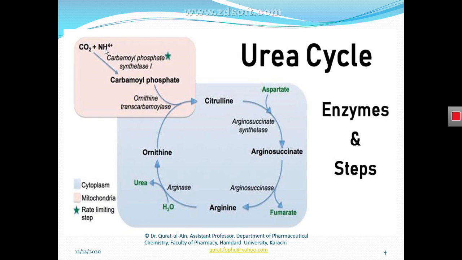However, the ammonia that was present in the liver hepatocyte was very toxic and insoluble in water. Due to this reason, all these reactions take place in the liver hepatocyte, cytosol and mitochondria, to convert this ammonia that reaches the liver after catabolism of amino acids.